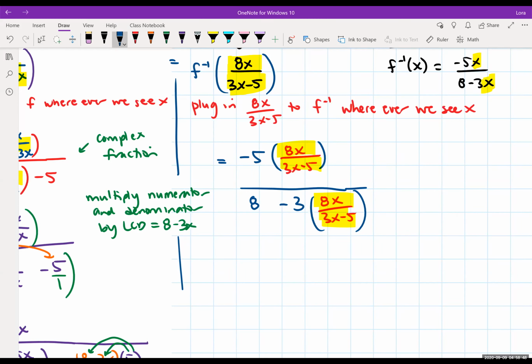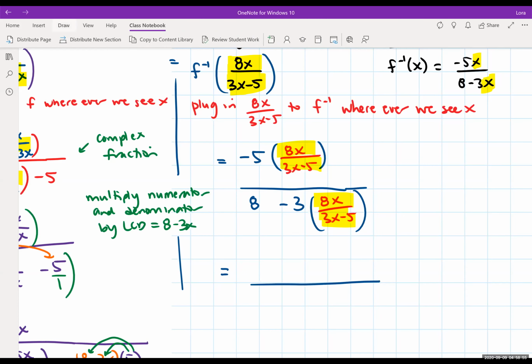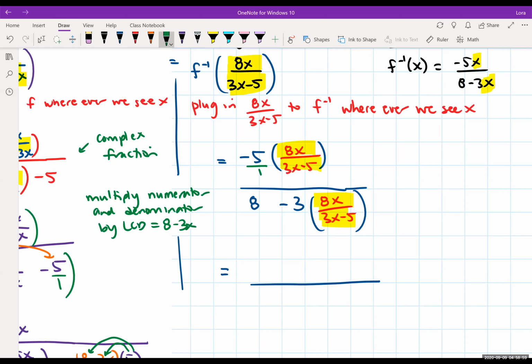So I'll approach it the same way. I notice I still have this big complex fraction bar, and that this negative 5 is a single term or factor. So I'll take it and multiply it by the numerator. That gives me negative 40x on top, and on the bottom, we get 3x minus 5.